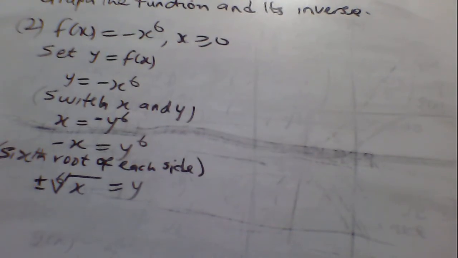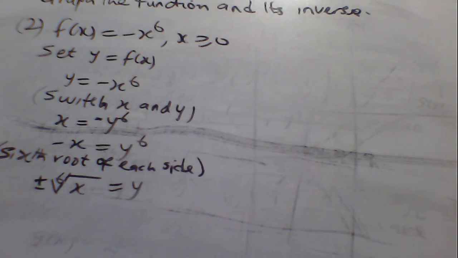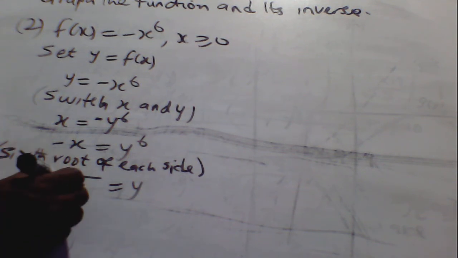So in order for the inverse of f, looking at this now, if we can, because the condition is x greater than or equal to 0, and the radical here has a negative.